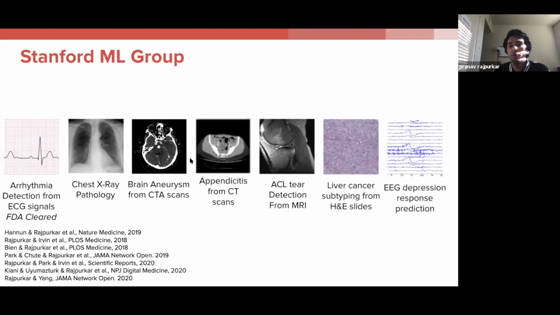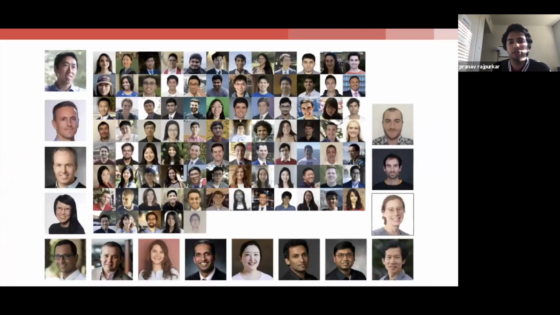And then also work in histopathology, looking at whole slide images, looking at EEG signals to determine whether a person with depression will respond to a certain kind of treatment. So there's been a lot going on just even at Stanford in our lab and beyond our lab as well.